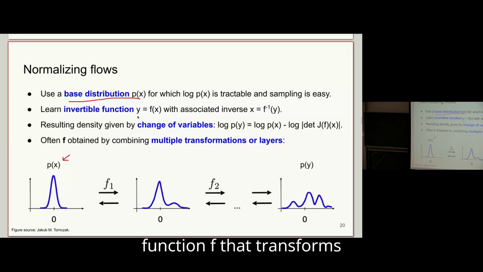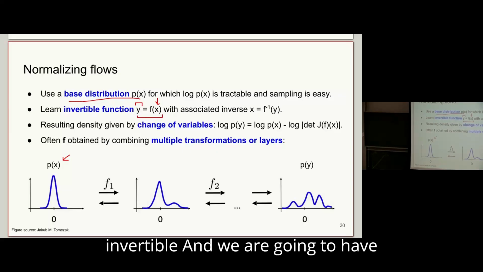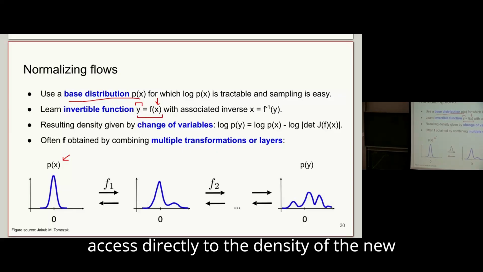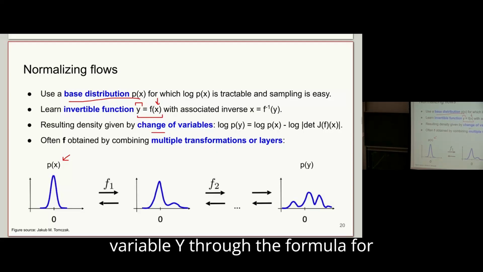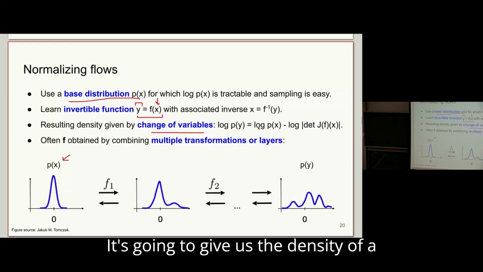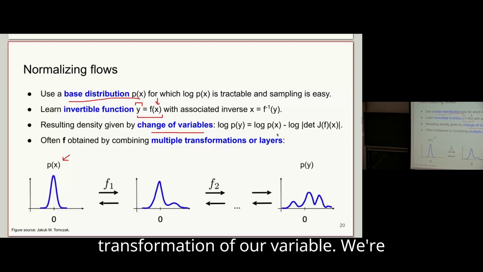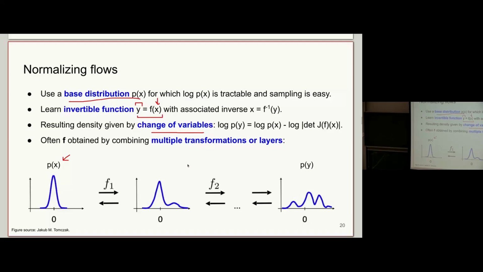So we have a function f that transforms the sample x into a new variable y in a way that is invertible, and we are going to have access directly to the density of the new variable y through the formula for the change of variables. It's going to give us the density of a transformation of our variable. We're going to see later where this comes from.